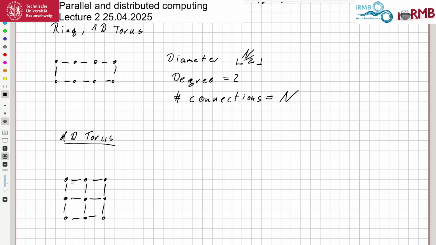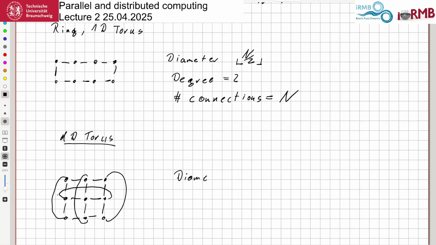There is no connection in this diagonal here. The connections are always along one dimension. But since it is a torus, I have to connect this to this and this to this, and we would also have to connect this here to this here, and in addition this here to this here. So this makes it a torus.